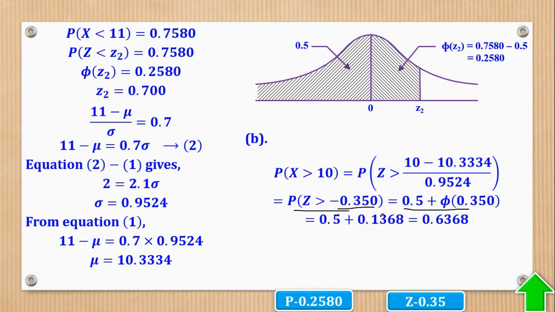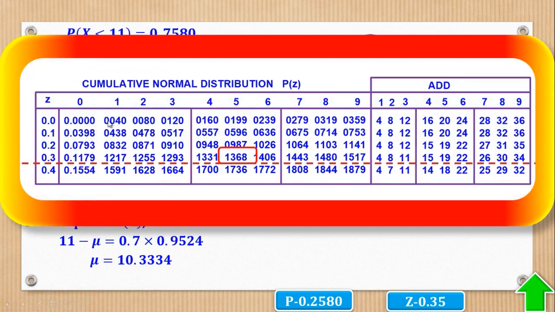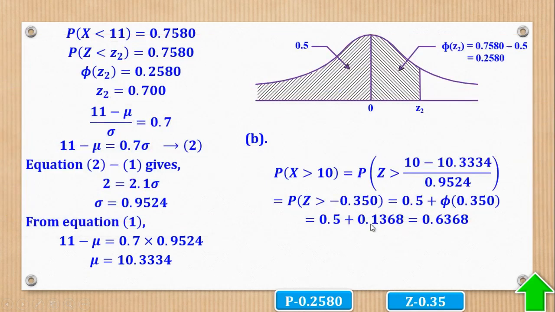Then you can read it from the table. Reading it from the table, I'll come here and say that 0.3 is here and 5 is here, so the value is here, which is 0.1368. Then use the calculator to get this value which they wanted.